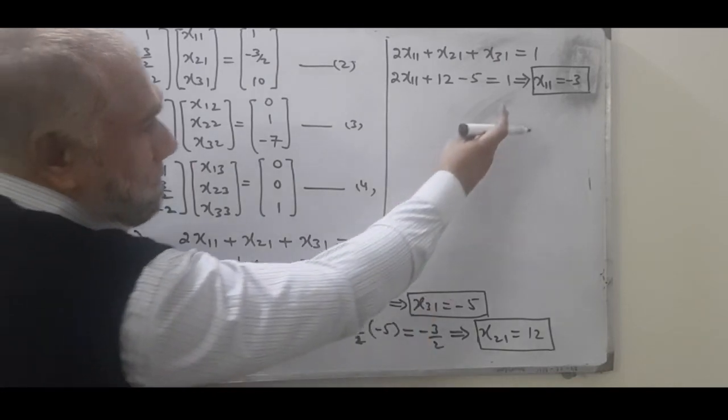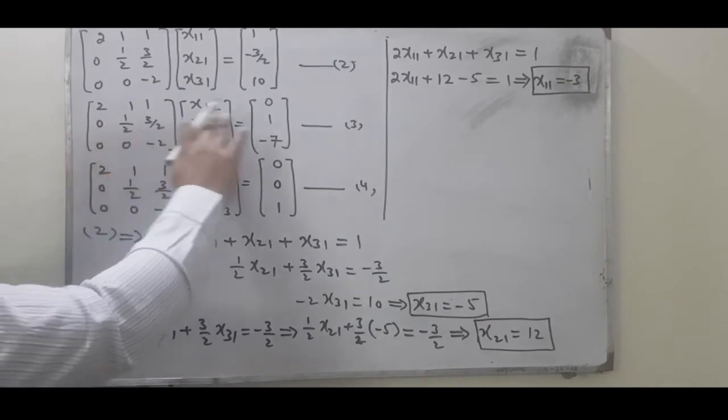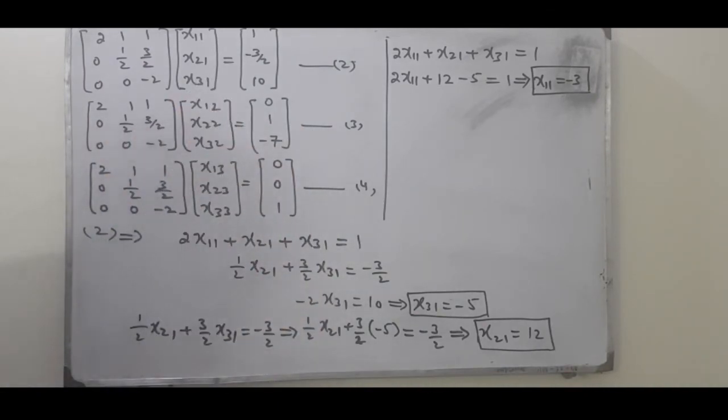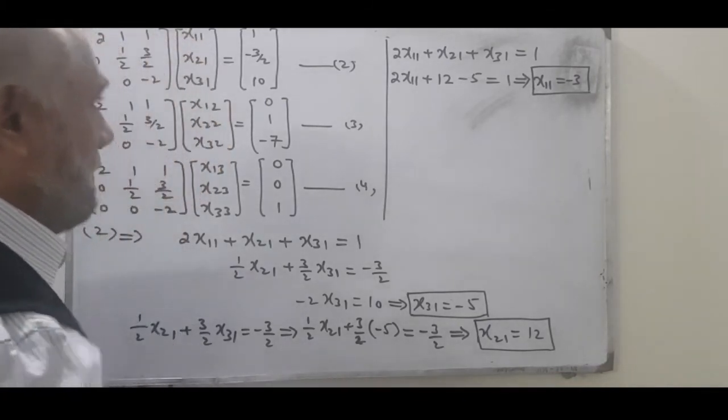Okay. Now you can see from the first system we got the three unknowns of the inverse matrix in the form of x11, x21, and x31. Similarly, if you solve this system and this system, you will be getting 6 more unknowns on the same grounds. I write here all the unknowns so that you can verify them.